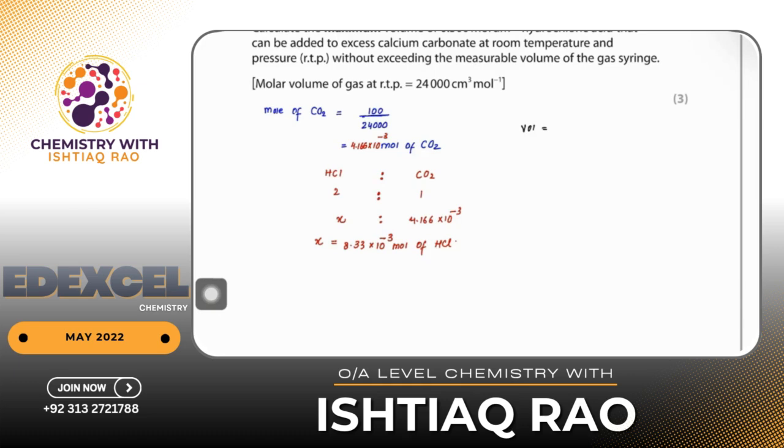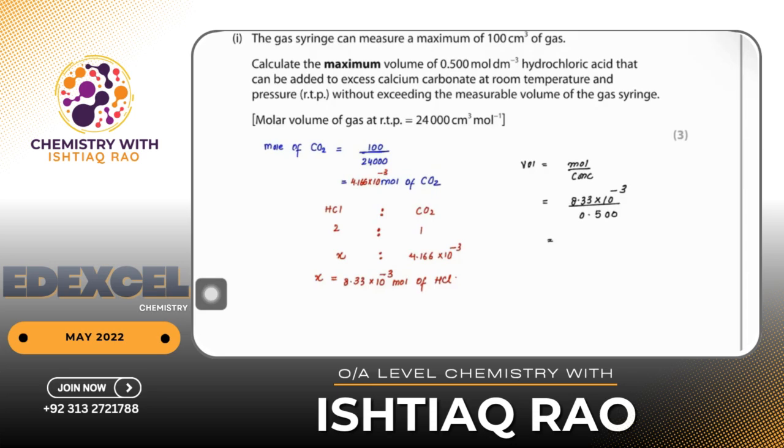So the volume would be equal, mole is this one, and the concentration is 0.5. So the answer would be 0.5 mole per decimeter cube. And what they're asking, maximum volume that can be added to excess calcium carbonate.